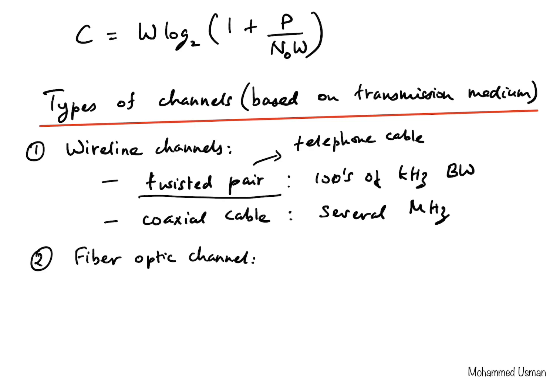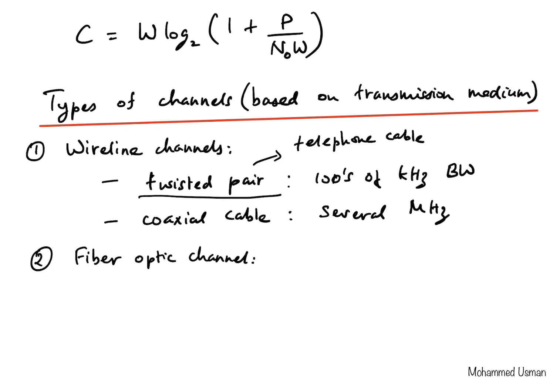The channel itself is made of very high quality glass, and it is a light signal that is propagated through the glass-based cable. So it's light being guided internally through the fiber optic cable.